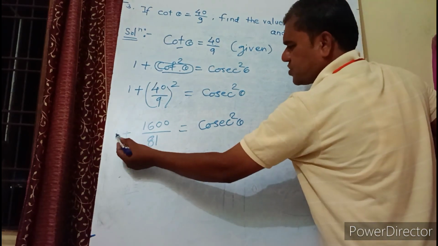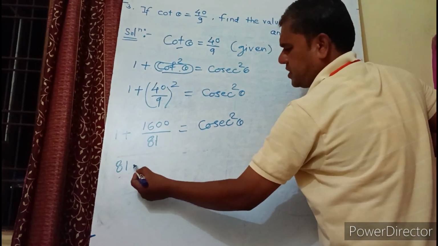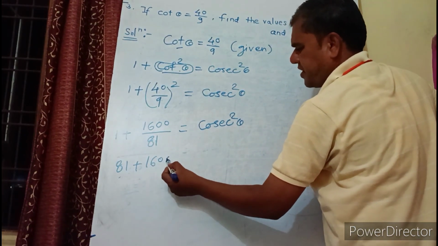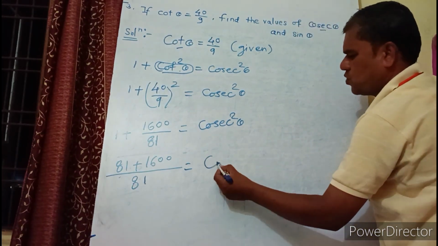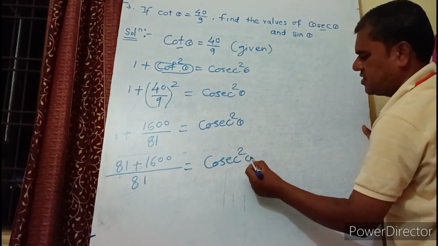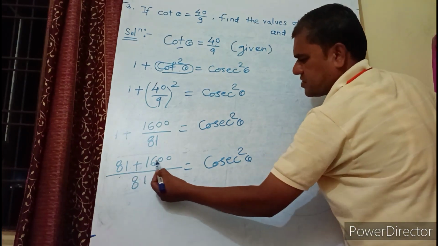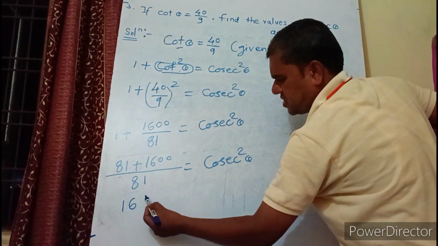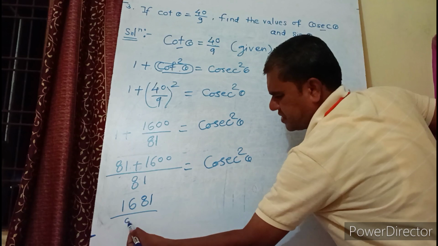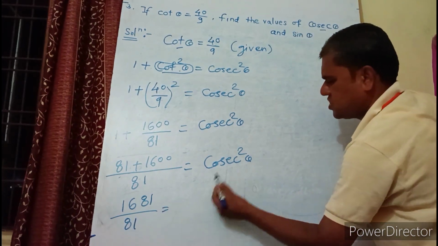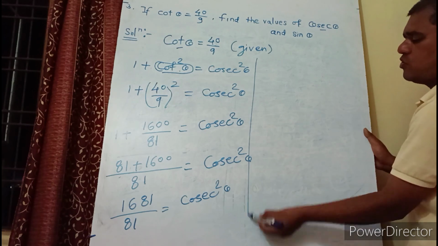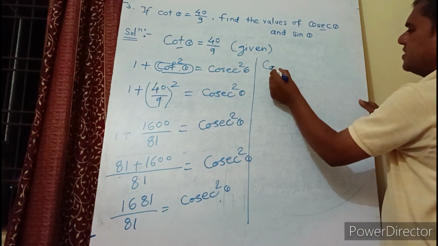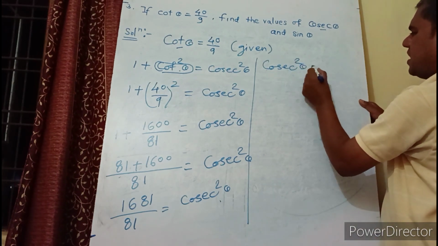Now 1 into 81 is 81, plus 1600, divided by 81, equals cosec square of theta. Now 1 plus 1600 is 1681, divided by 81, equals cosec square of theta.